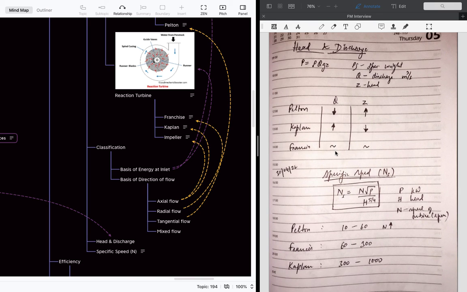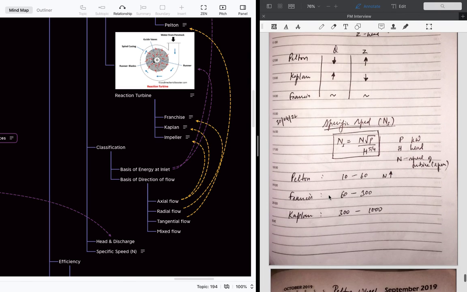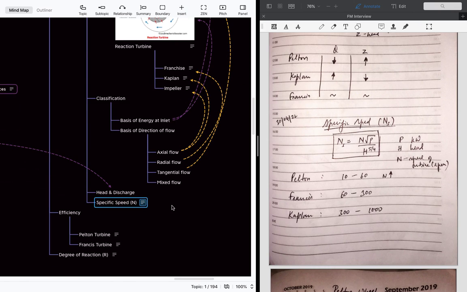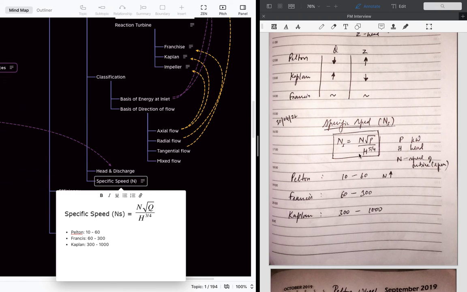So one of the ways to choose the turbines for a particular situation, let's say we have a certain head in the given situation, like the head is high, and we know that discharge is limited to some amount, and to get high efficiency we have already chosen the RPM, the rotation speed of the blades, and we want to choose which kind of turbine we have to choose. For that, we need the specific speed. The specific speed formula is: N times root of the power divided by the head to the power of 5 by 4.